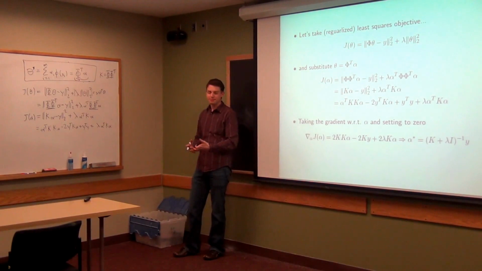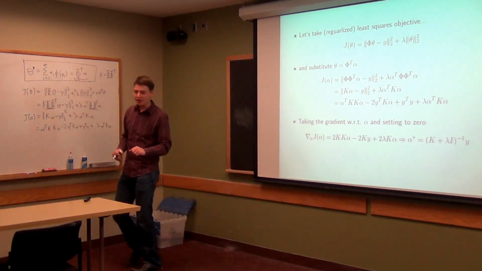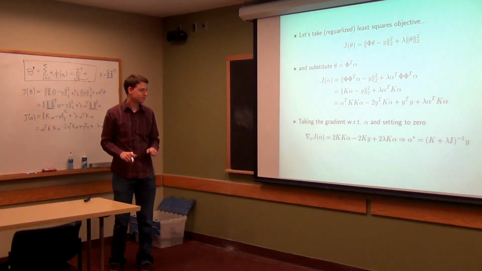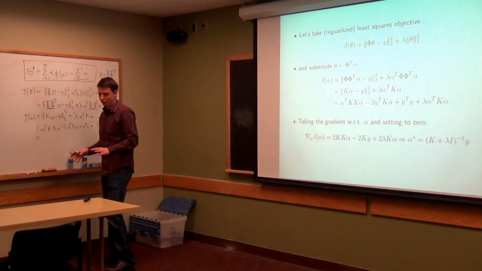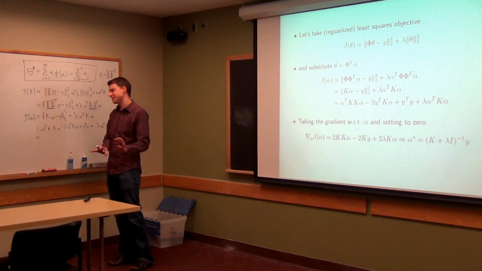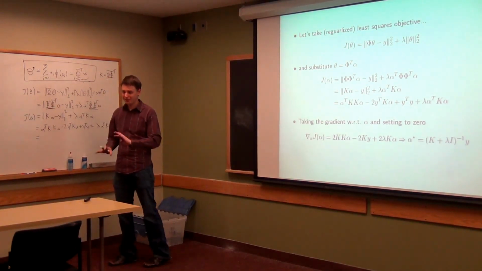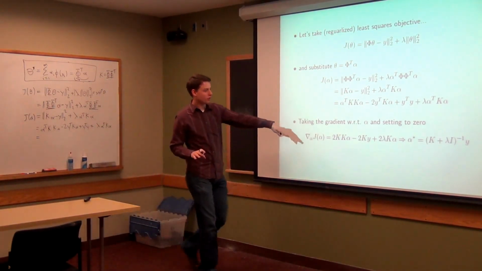Now we take gradients, and we get that. These are just applying our rules of gradients we saw last time. It's exactly the same as the least squares derivation. It might look a little more complex, but it really isn't.